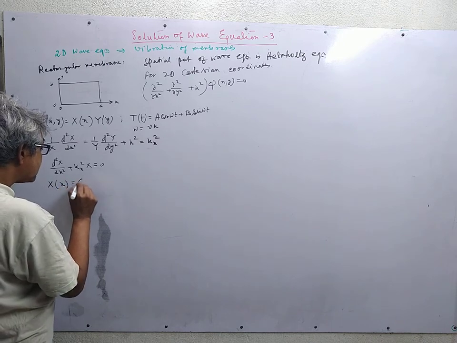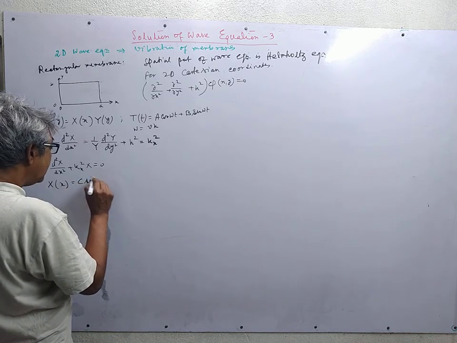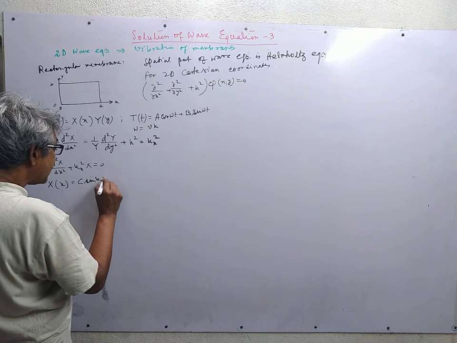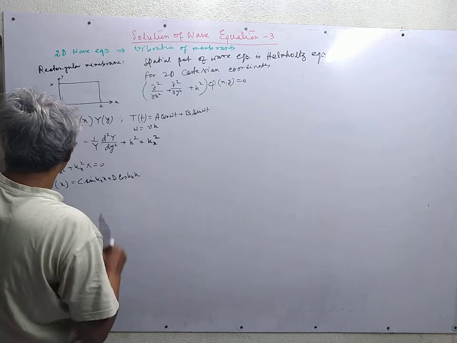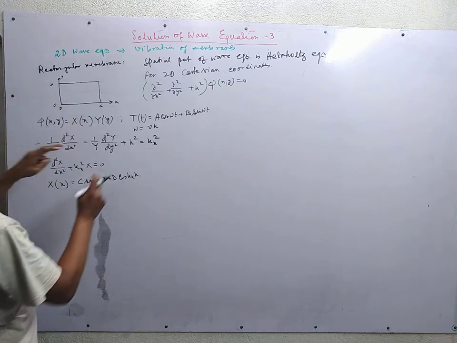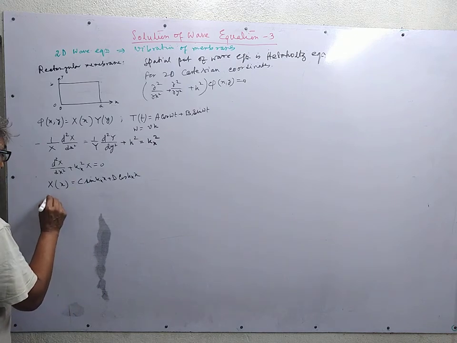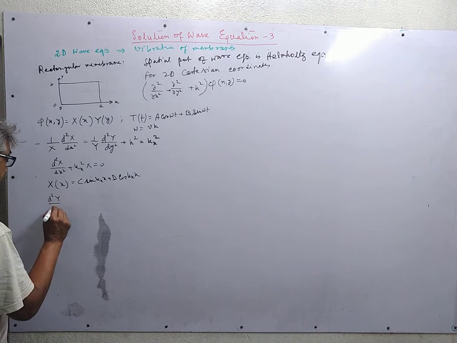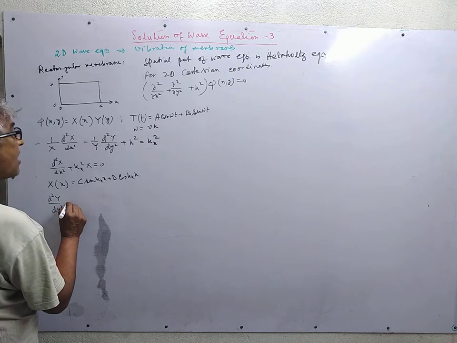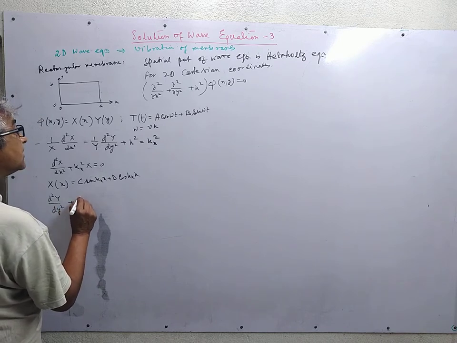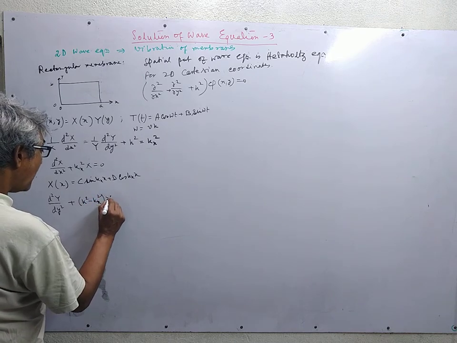So we write X equal to C sin kx x plus D cos kx x, and the y equation now becomes d2Y dy2 plus k square minus kx square Y is equal to 0.